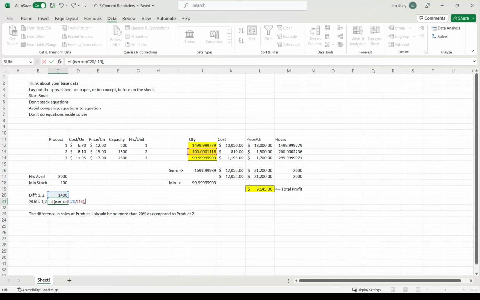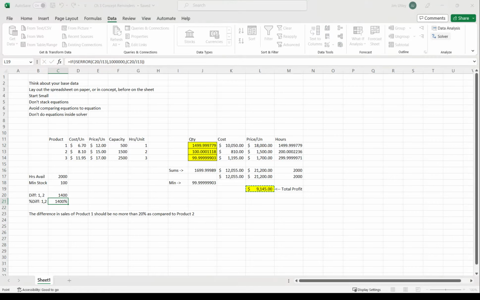In fact, I'm going to do something different. I'm going to have it return the value 1 million, because that's completely out of scale for this spreadsheet, and it'll just tell me that something went wrong. And then I'm going to do C20 divided by J13. So now I have a formula that protects me from a divide by 0 error.